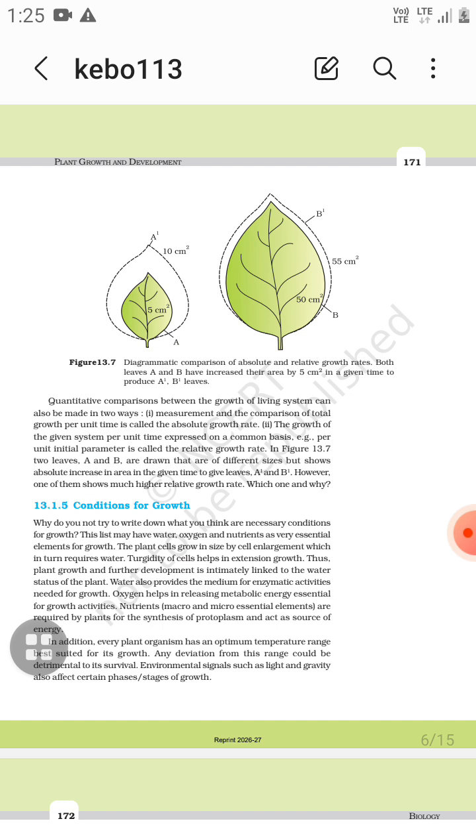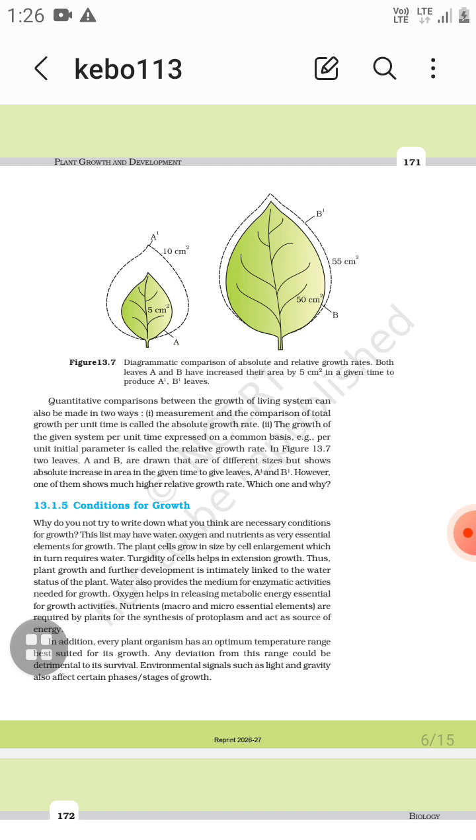It's not double, it's just an increment of kind of 0.1. So as we can see, if we compare leaves, in the A diagram the relative growth rate is more than the B diagram.